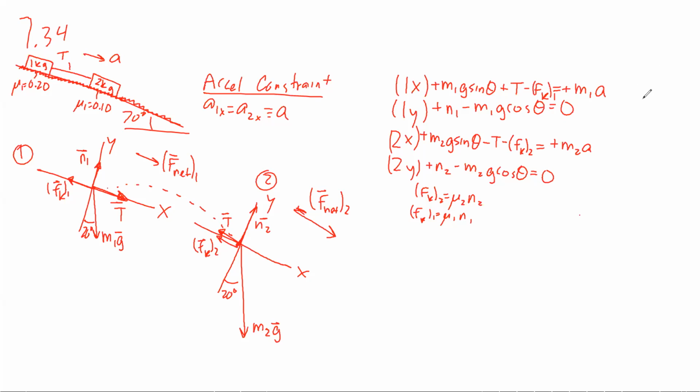So now how do I solve this thing for a and T? I think the best way to do it would be to remind yourself how to do friction in each of these x equations. And then perhaps adding the equations together. That would give you sufficient stuff to solve for a. Subtracting the equations isn't that easy.